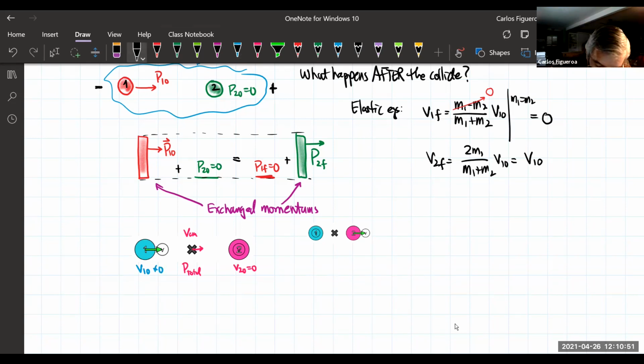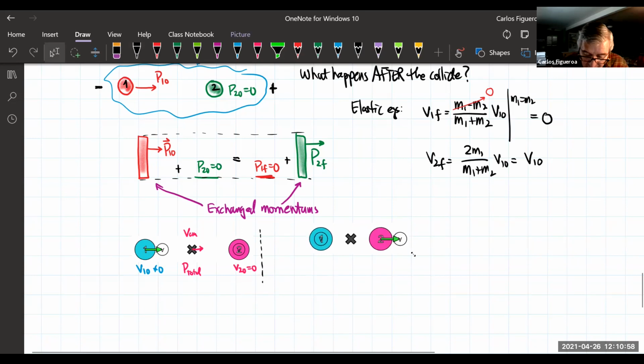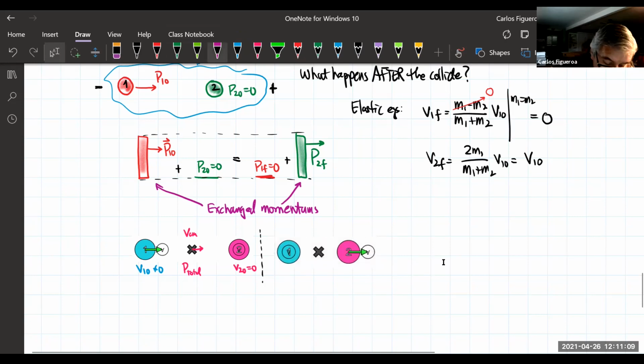And then afterwards, you're seeing that after the collision, this guy ends up at rest, right? So this guy is at rest, and this guy's now moving with the velocity V2 final, which is the same velocity that was incoming.